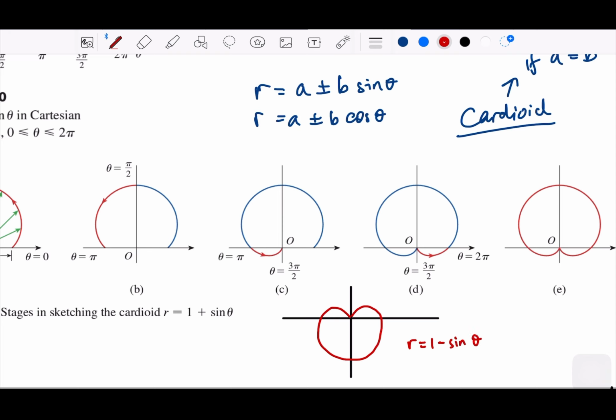Okay. And what happens when you have 1 plus cosine? Go to the right. 1 minus cosine, go to the left. Easy, right? You will get used to it.